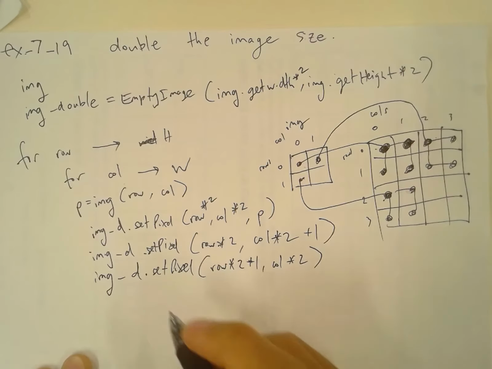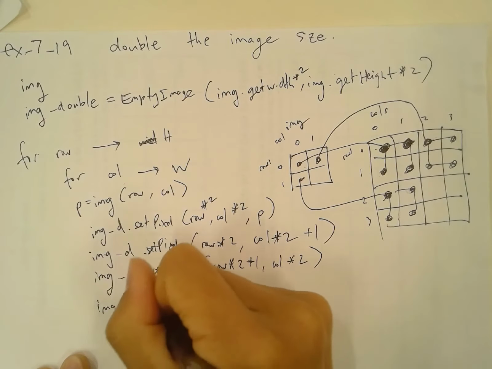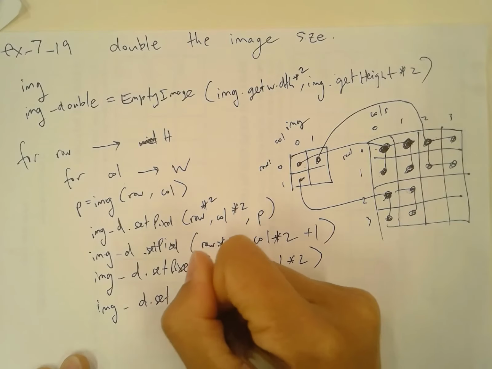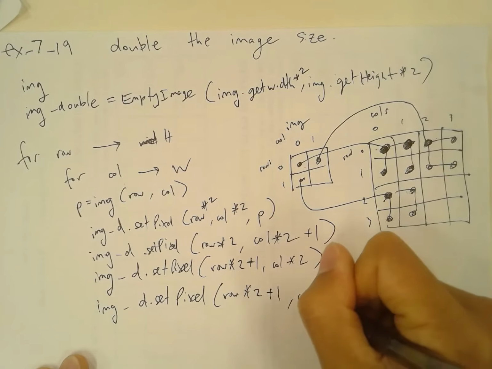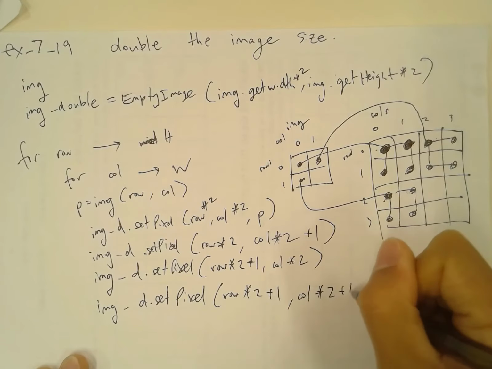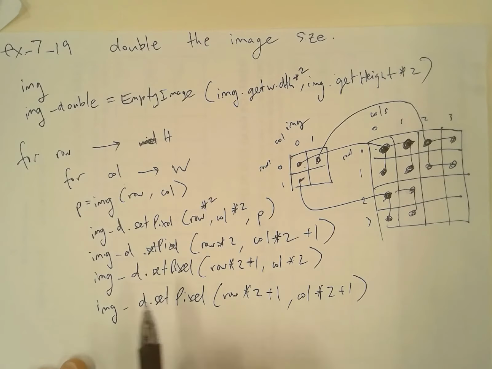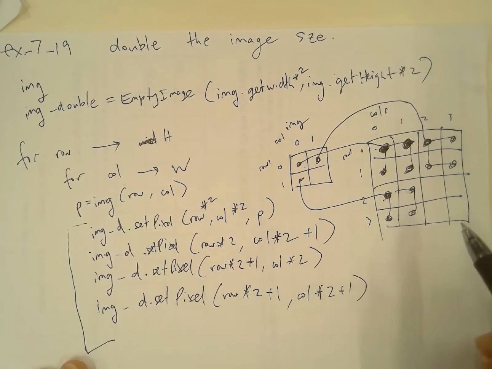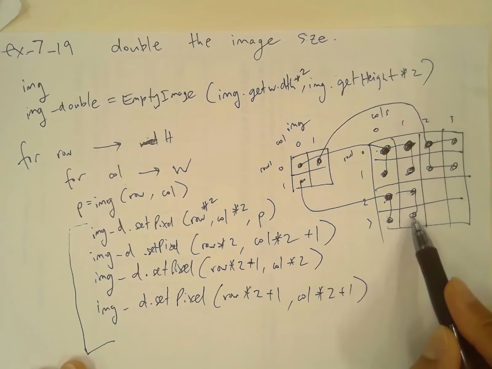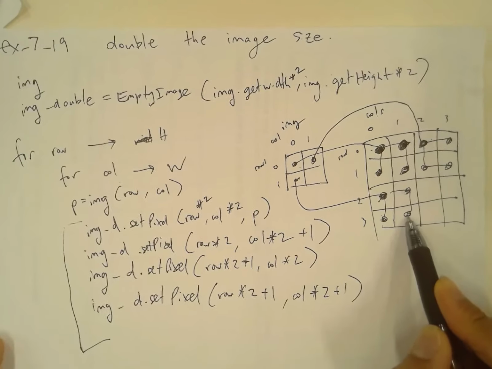And then we're going to do the last pixel, image_double.setPixel of row times 2 plus 1, column times 2 plus 1. So what we're doing is taking that original pixel and setting it equal to the 4 different spots in the second picture.